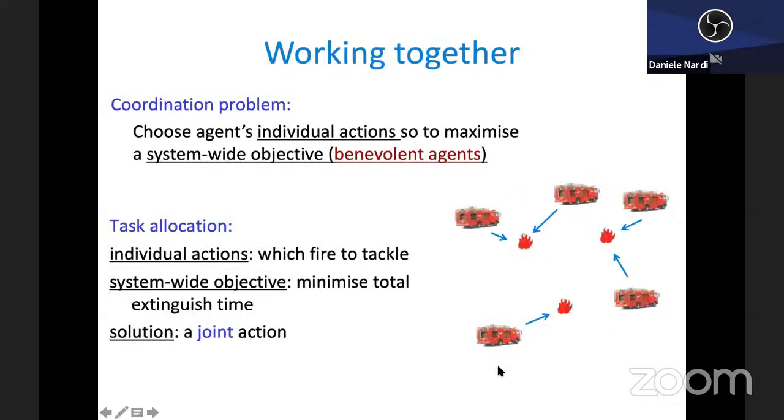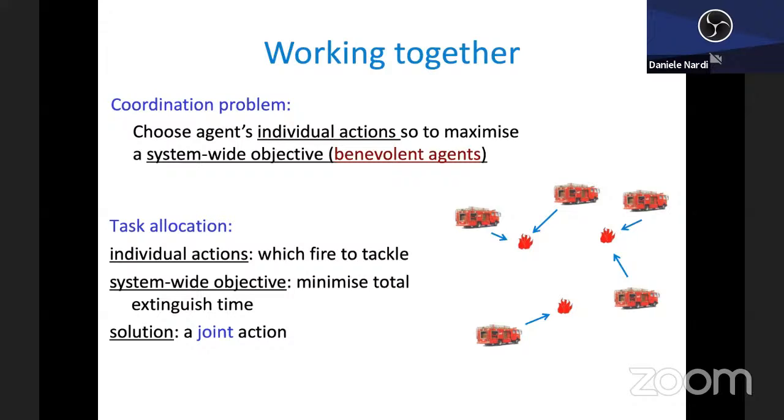Having said this, let's start looking at the problem. So as I said, this is another instance of achieving cooperation by coordinating the behavior of multiple agents. And in this case, agents are all benevolent. They are aiming at achieving all the same objective. And more specifically, we're talking about a task allocation problem. In this case, we have one example.